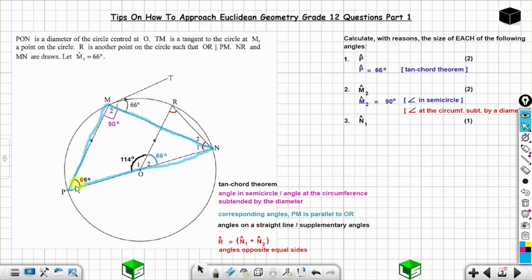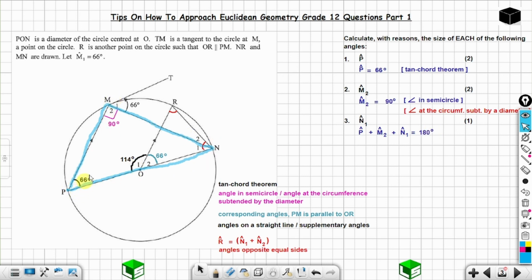You know that the sum of interior angles in a triangle is equal to 180 degrees. So angle P plus angle M2 plus N1 must be equal to 180 degrees because this is a triangle.